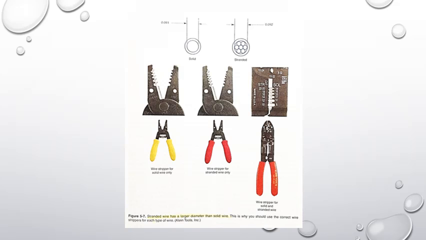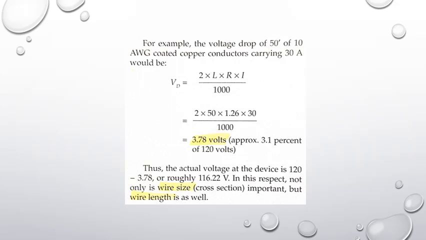For example, the voltage drop of 50 feet of AWG coated copper conductors carrying 30 amps would be, as shown on your screen, where voltage drop equals 2 times length times resistance times current divided by 1000, which is 2 times 50 in this case, times 1.26 times 30 divided by 1000, which is 3.78 volts, or approximately 3.1% of 120 volts.